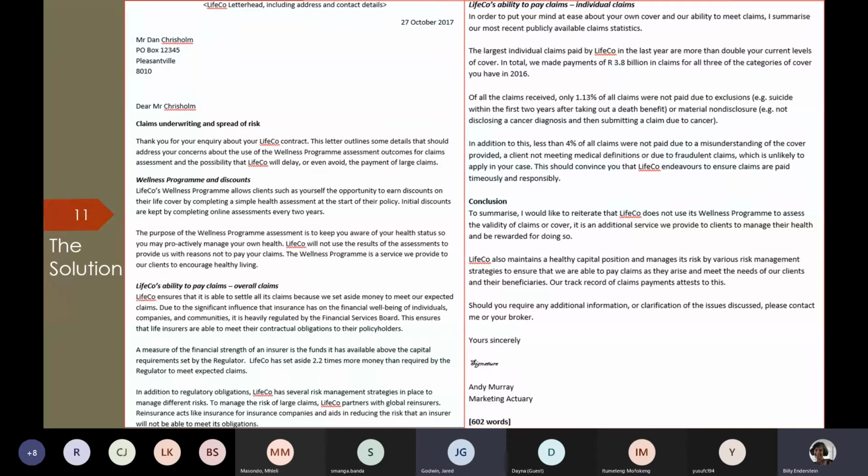The worst thing you could do is keep them waiting until the end of the communication before you tell them the amount owed, whereas every party is interested in that amount. The best thing you could have done is state upfront in your opening paragraph, the amount I've come to is this, and let me explain how I got to it. That is great from a communication point of view, but you don't always want to do that. Sometimes you do want to build suspense, but you have to really think about your communication piece. Billy, is there something you want to add?